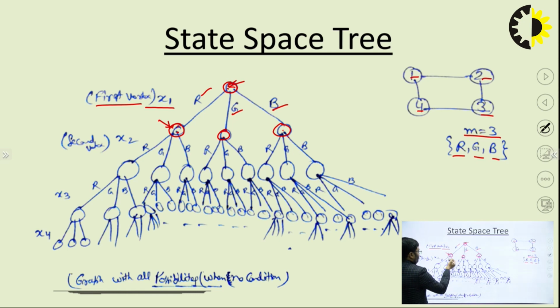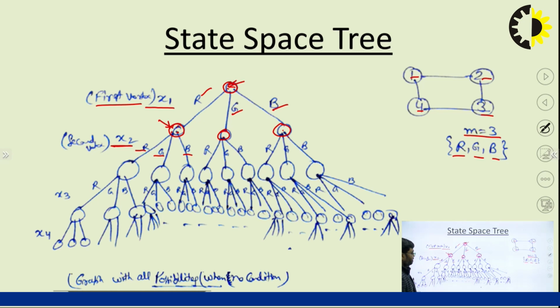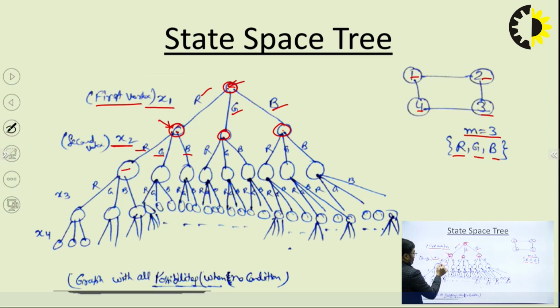Now come to this one. If we have colored vertex 1 with the red color, then what options do we have for the next vertex? The options are for vertex number 2. Again we have red, green, blue, because there is no condition. If we choose red for vertex 2, we come to this node, green for vertex 2, we come to this one, and blue for vertex 2, we come to this.